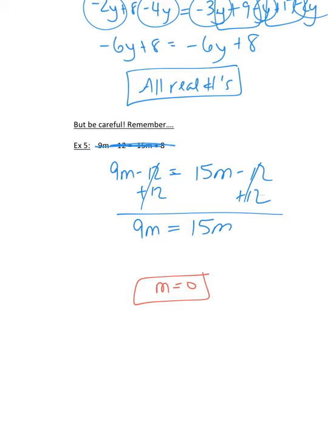And the way you would get there is you would subtract 15m from both sides to get the m's onto one side. You'd have negative 6m equals 0. Divide both sides by negative 6, and 0 divided by negative 6 is 0. Okay, so not to be confused with no solution and all real numbers.